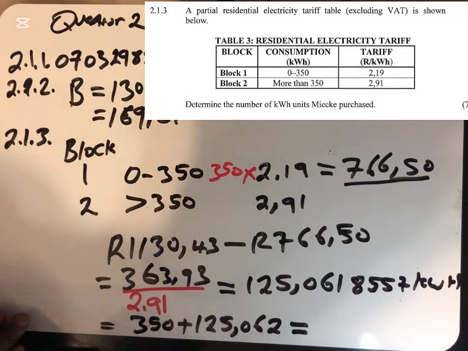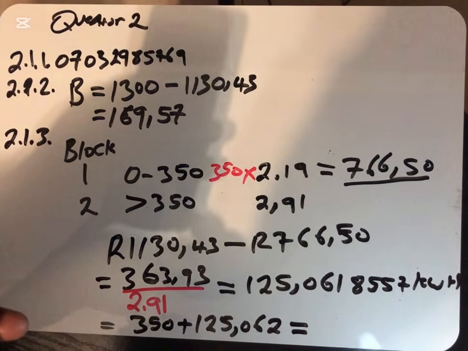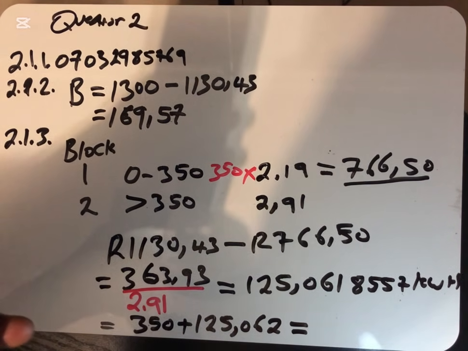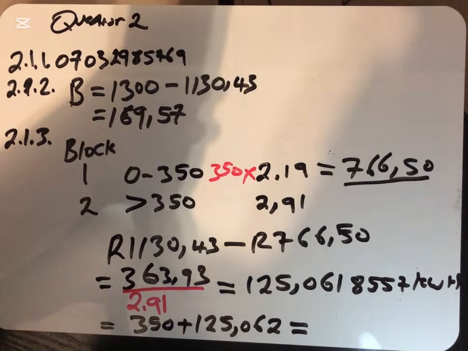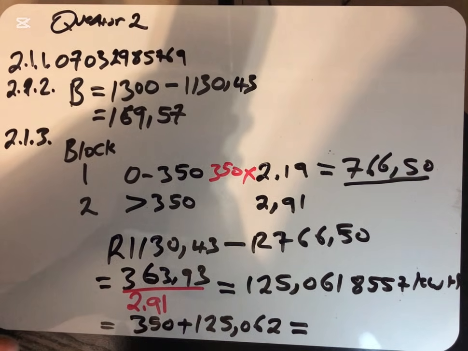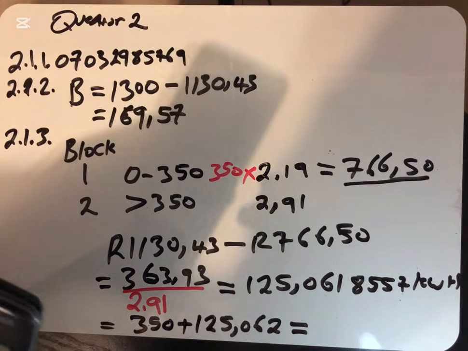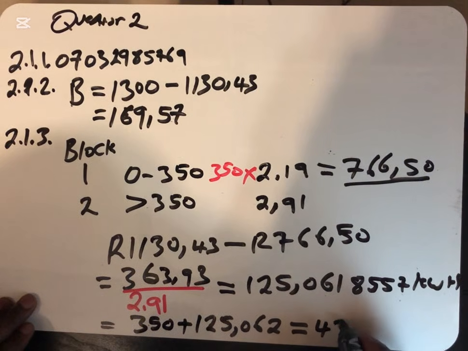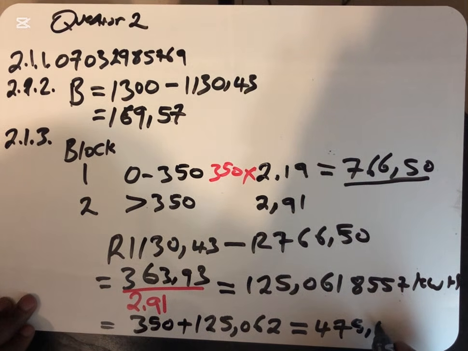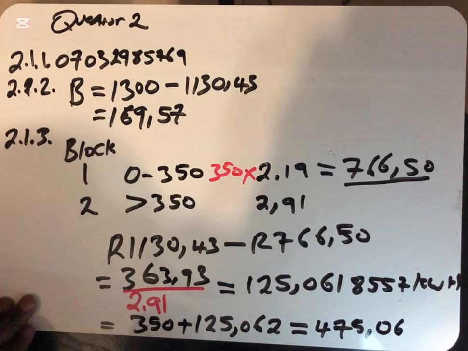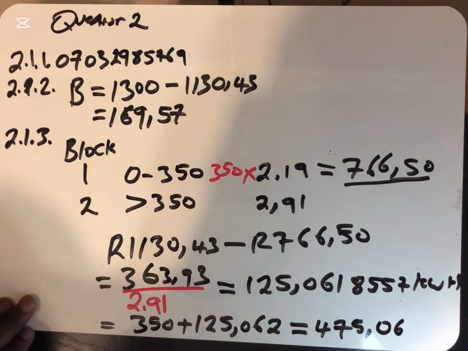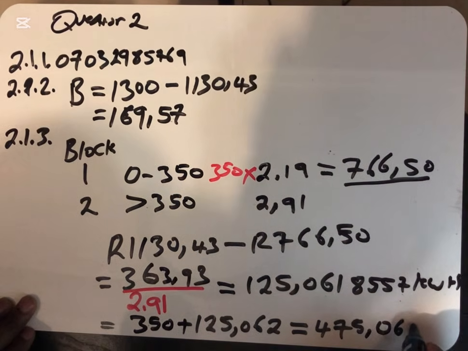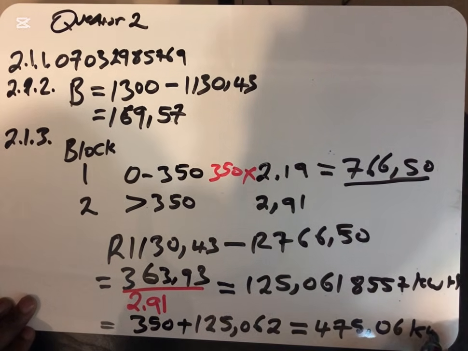So we find that the total number of kilowatts they've received with that amount is 475.06 kilowatt hour, if you round it.